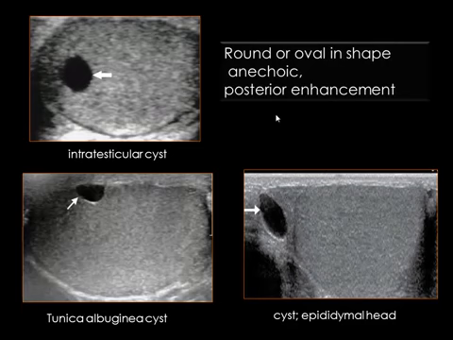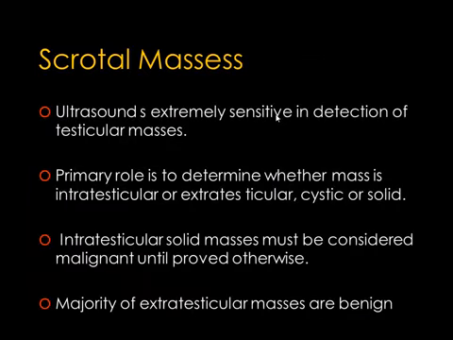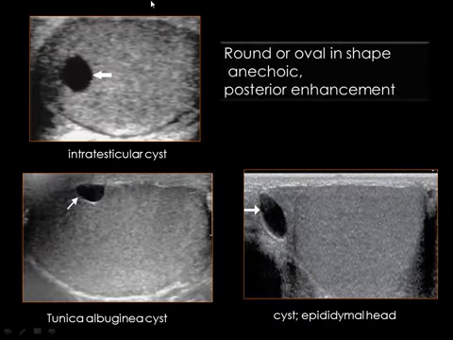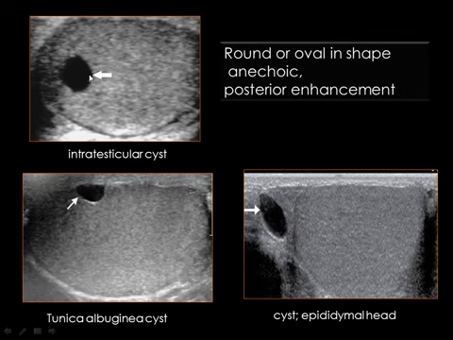Intratesticular cysts are quite common in men older than 40 years. It is an incidental finding on ultrasound, found in 8 to 10%, and it is usually located near the mediastinum. Cysts might be single or multiple, and of variable size.